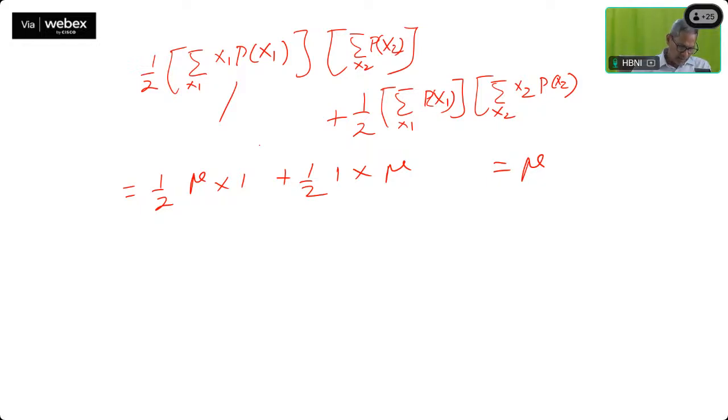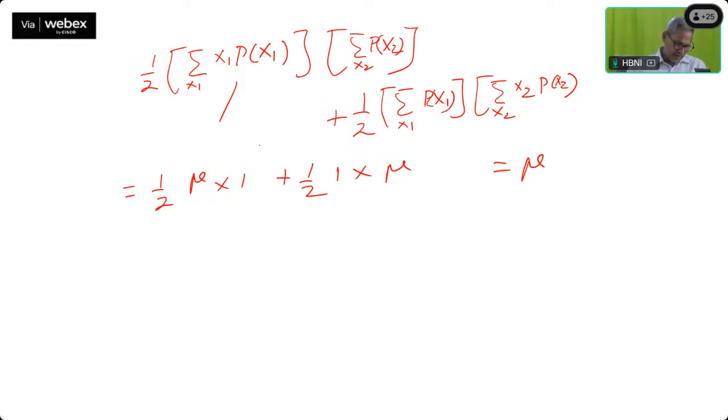But suppose you now want to calculate the standard deviation for an average. That will be interesting, and this is a very important thing. For a single variable we saw standard deviation, and for a sum, as I told, we can also find the standard deviation for the average of two variables. In this case, the standard deviation of the average is very special.